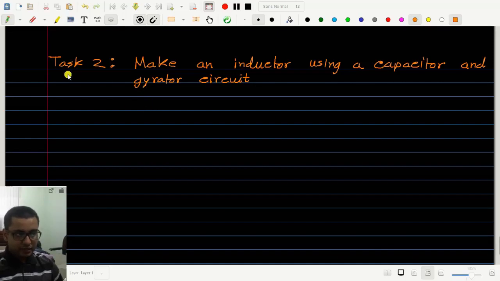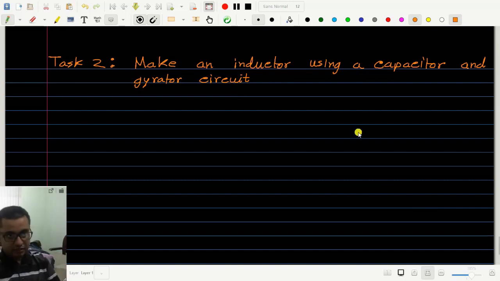After that, this is your second task and the last task in this assignment, to make an inductor using a capacitor and a gyrator circuit. So make an inductor with a capacitor without using any inductor.